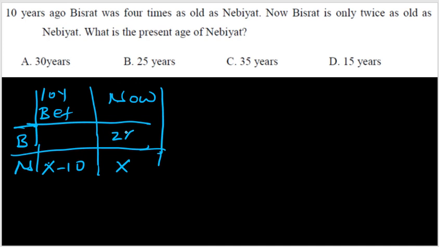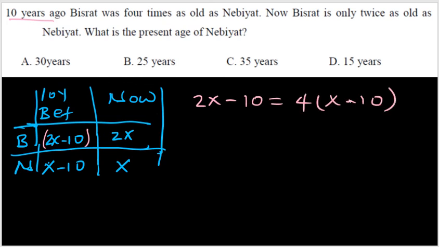This is 2x, and this is going to be 2x minus 10. But before 10 years, look, the question says 10 years ago means before 10 years. Busrat was 4 times as old as Nabiat. The Busrat age is the same as 4 times Nabiat. That is 2x minus 10 is equal to 4 times x minus 10.